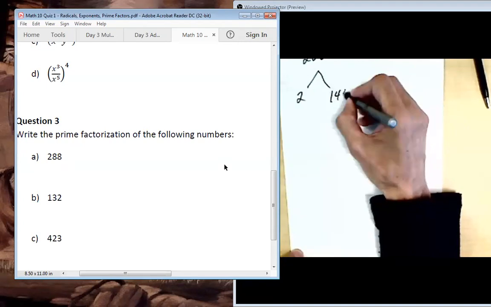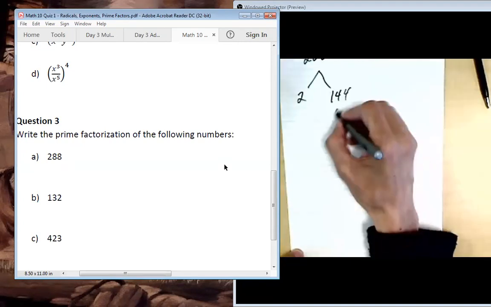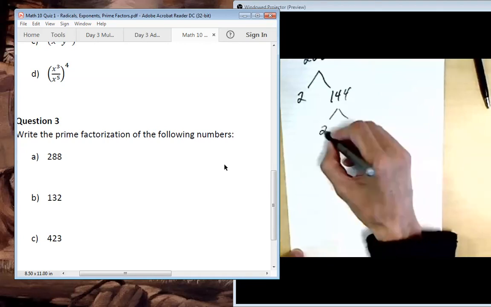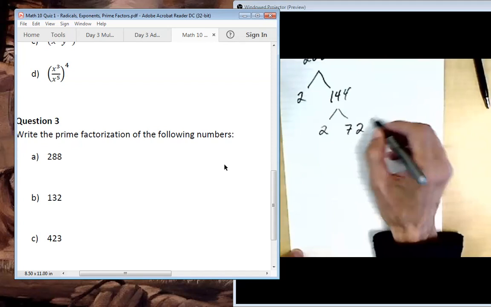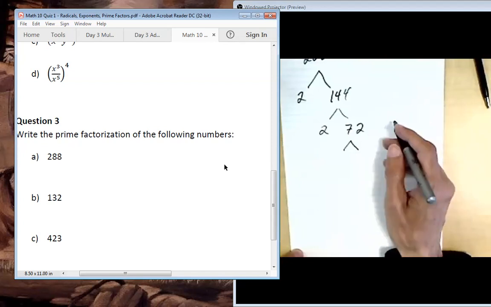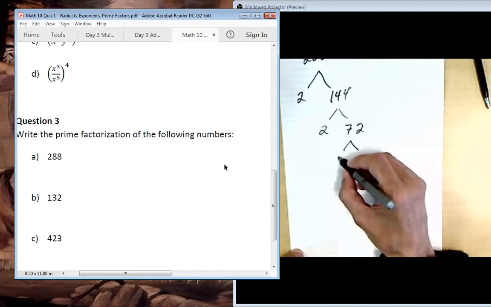There we go. Right. Next. 2 and 72. That's true. 236, maybe. 2 and 36. Is that the one you want to use? 63?